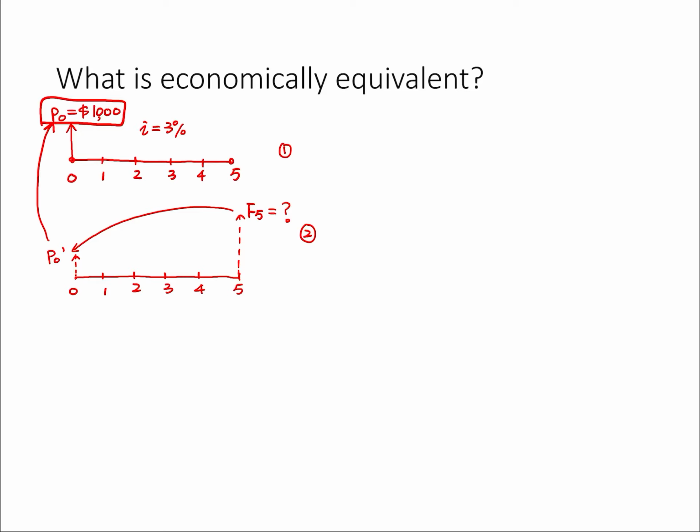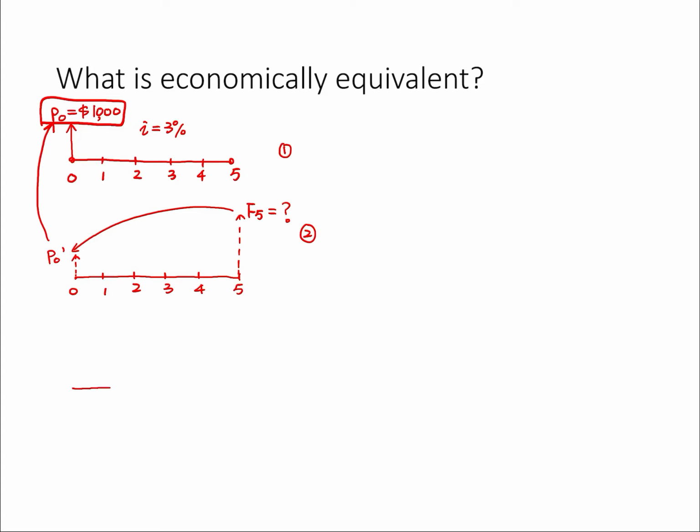Okay? And because in case 2, the cash flow you're looking at is the future cash flow F5, the amount of F5 will be the equivalent future value of the present value 1,000.